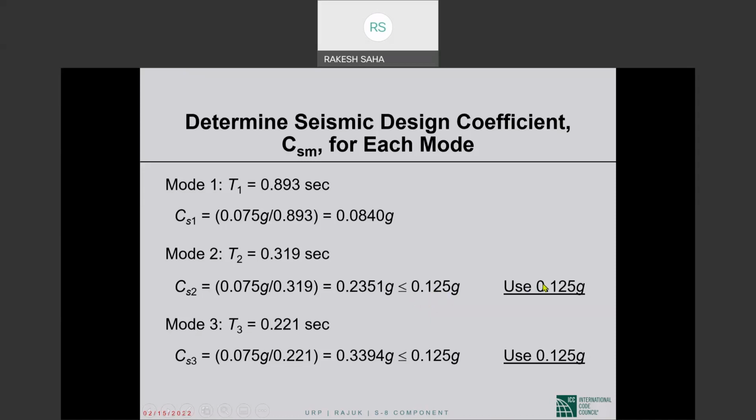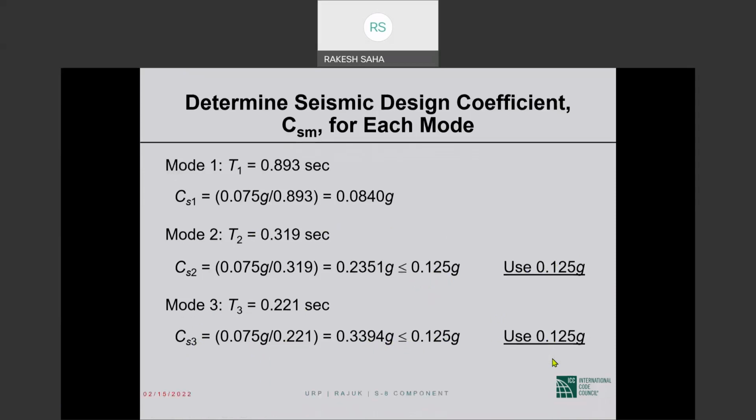So use 0.125G for the second mode base shear coefficient. For the third mode, the period is so much. So 0.75G over period is 3.394G, which being larger than 0.125G, we use 0.125G.